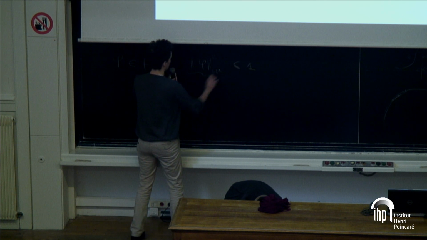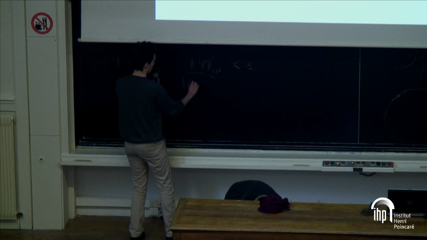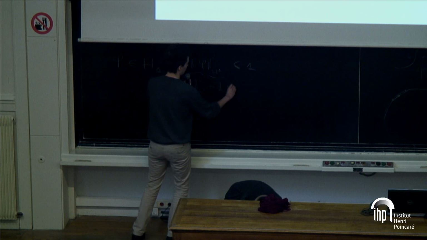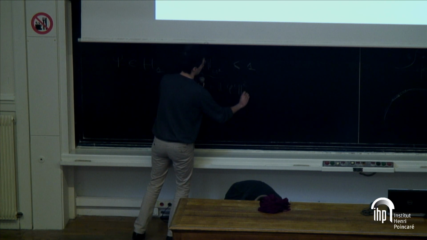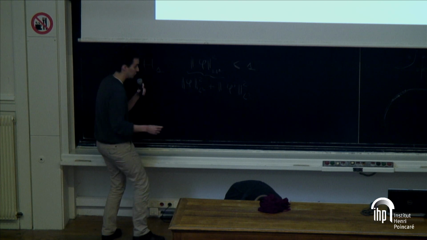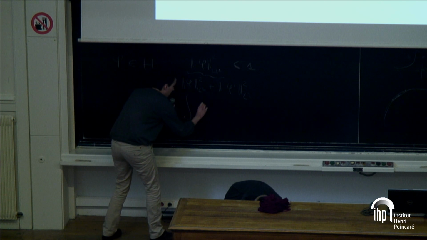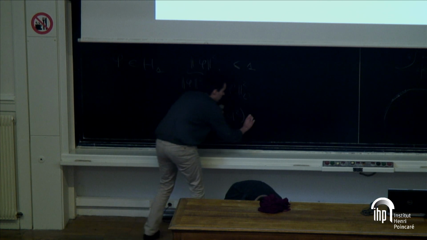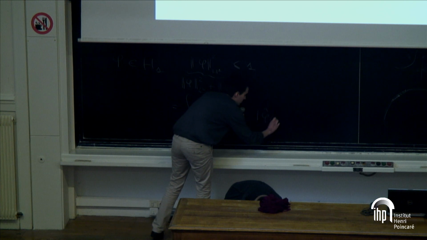Basically you say, okay, so this is the L2 norm of phi plus the L2 norm of the derivative. And then you say, okay, I'm going to write this in Fourier domain. So I'm going to end up with an integral of 1 plus omega squared times the Fourier transform of phi at omega.